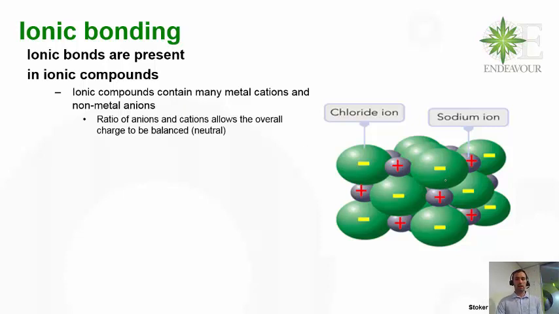And this actually allows them to form ordered arrays, such as what you see here on the right hand side. So if you look at the negative chlorine in this case, which is forming the chloride ion, then it's attracted to quite a few different positive sodium ions.